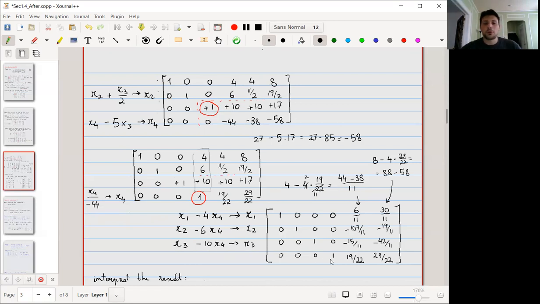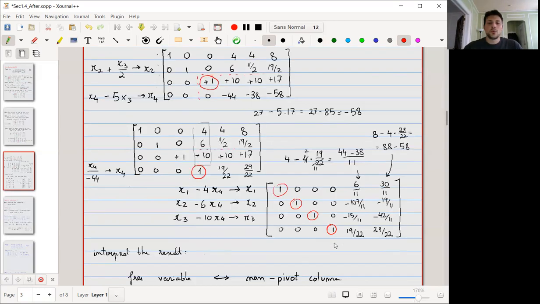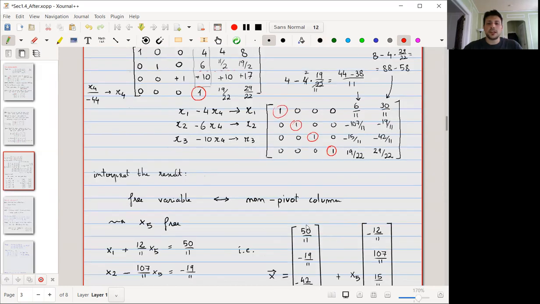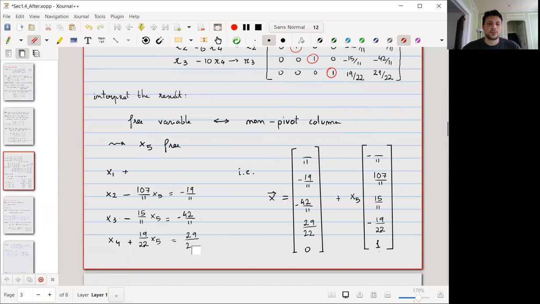Okay, at this point, Gaussian elimination has terminated. We have 4 pivots and 4 columns, which only have leading entries 1 and then nothing else in them. So we are now left with the interpretation of the result. And we can do it as follows.